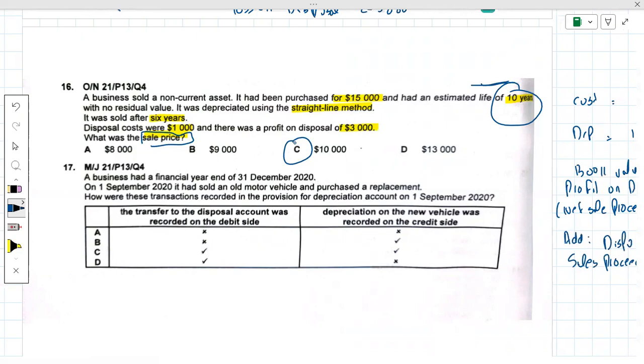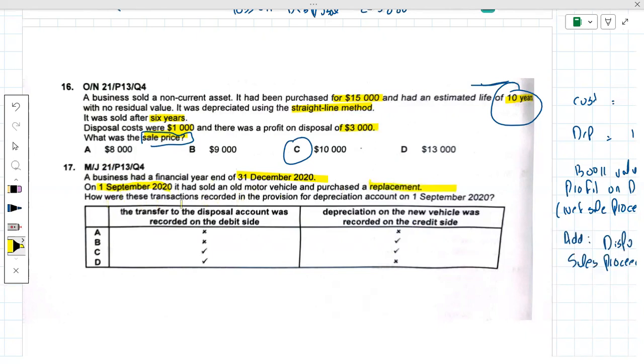So the next question is question number 17. A business had a financial year end on 31st December 2020. On 1st September 2020, it had sold an old motor vehicle and purchased a replacement.